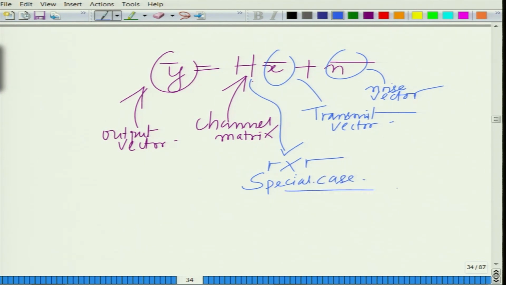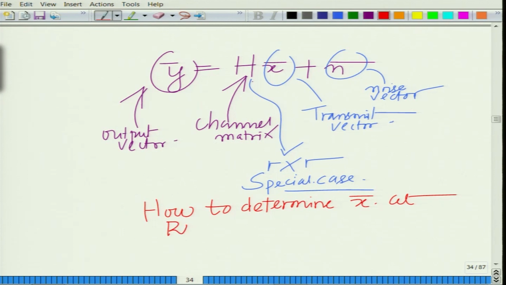Now the question is how to determine the transmit vector x bar at the receiver given y bar.